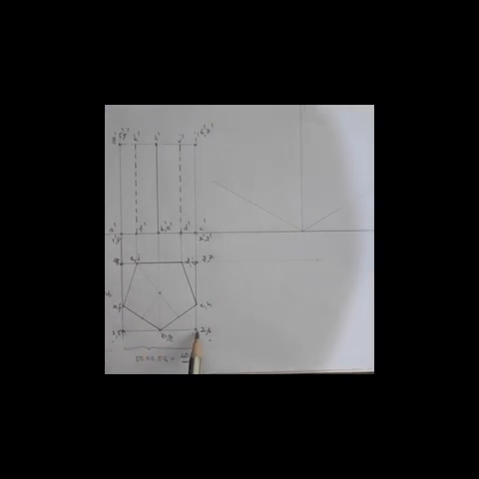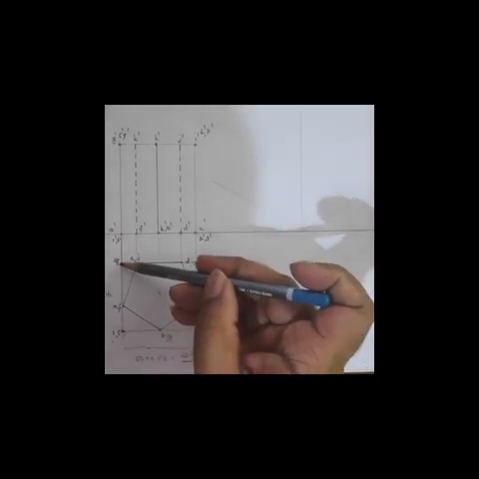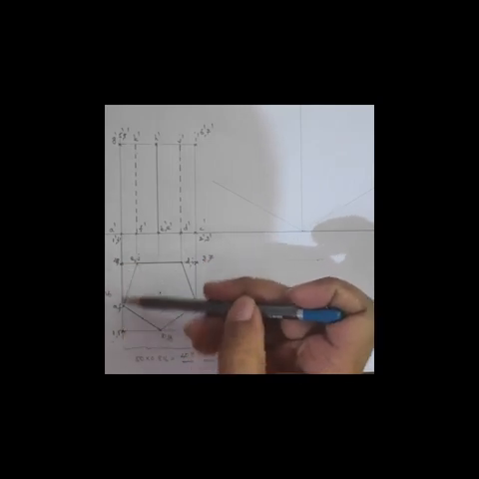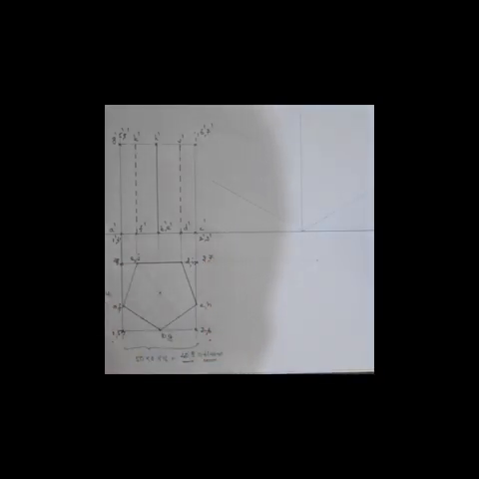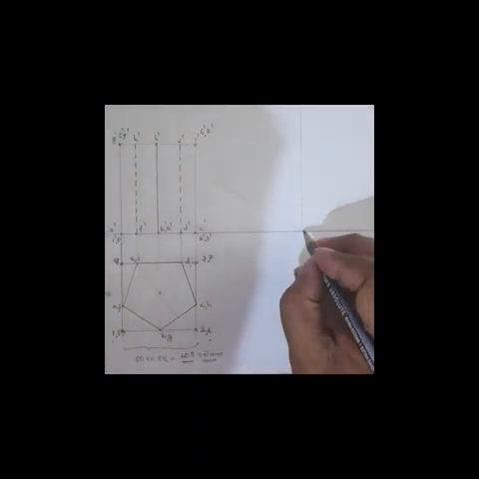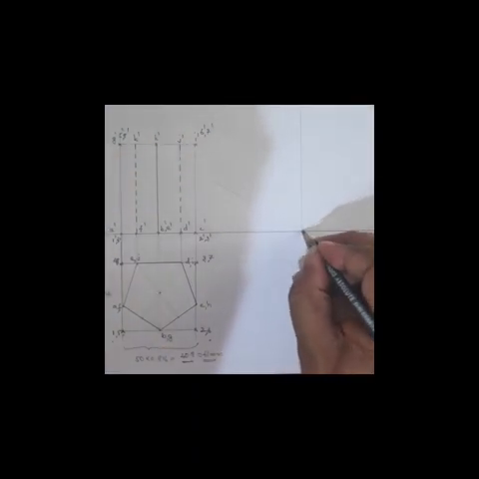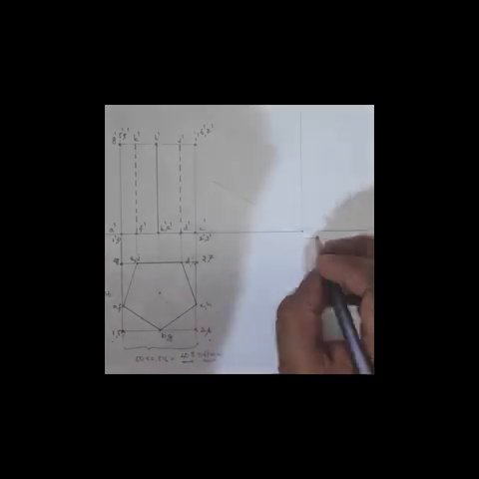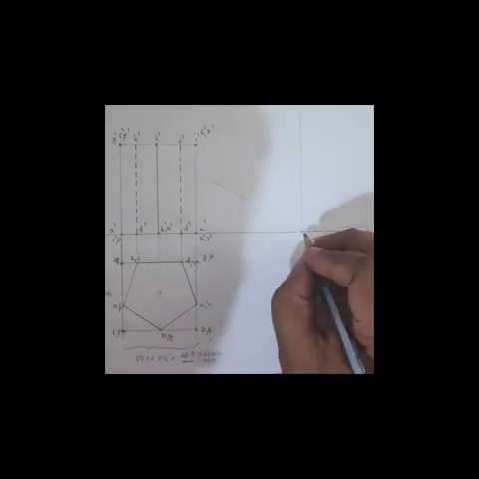So the isometric equivalent of this dimension is 40.8, approximately 41 mm, which you can round off, and the isometric equivalent of this side is 37.5. After that you have to mark a point here, and that is the position of point 1.